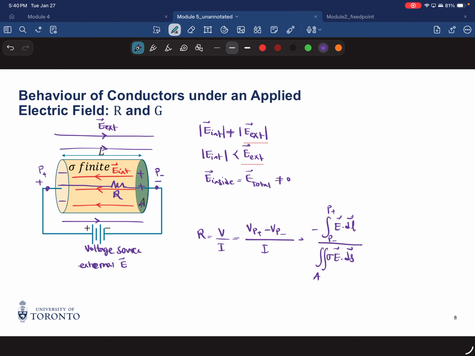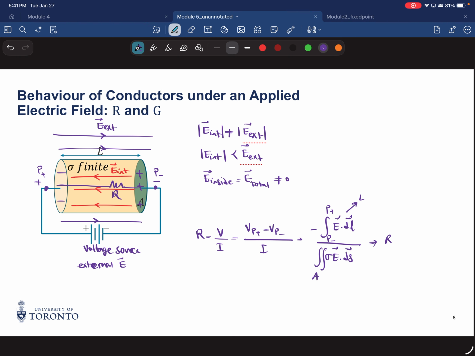And if I call this cross-section A, and the length would be L, this would depend on L, and this one would depend on the cross-section area, the denominator. So that's how we can define the resistance of a finite sigma of a conductor, basically.